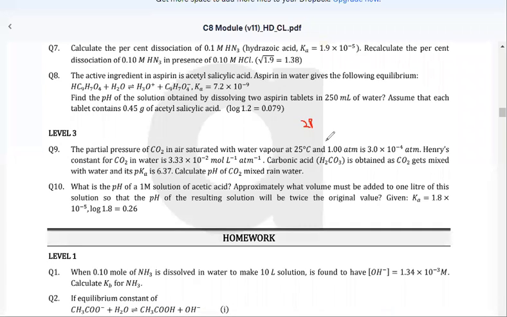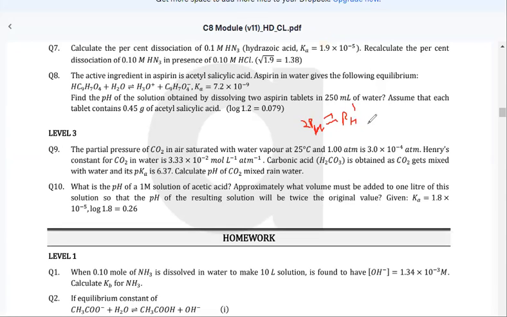So basically 2 pH old is equal to pH new, right? We know that pH old is half pKa. So I'll write 2 pH old is equal to pH dash, which is pH new.